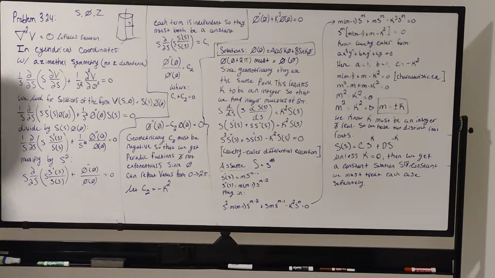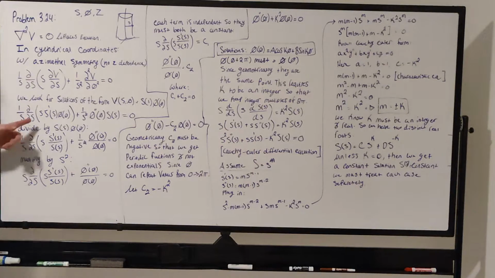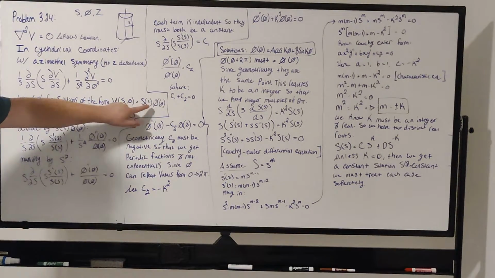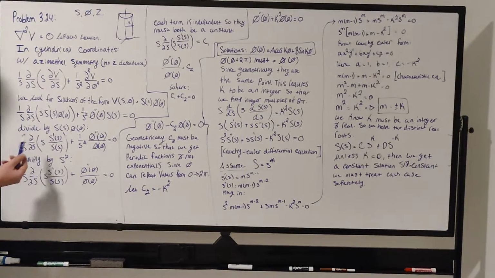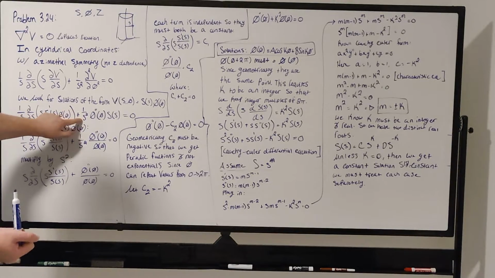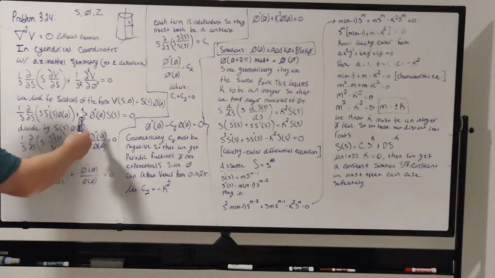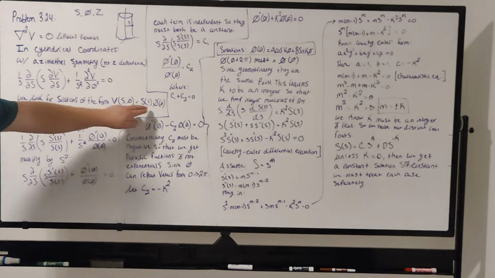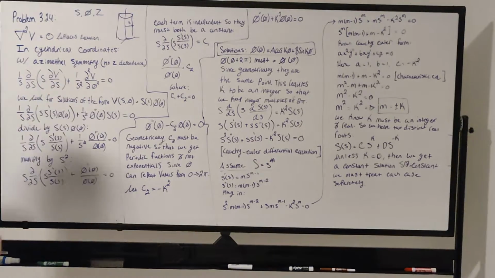Any derivatives, like S prime, are the derivative of the function. Any s's outside like this are probably the actual independent variable. So that's just plugging in this for V into the equation.